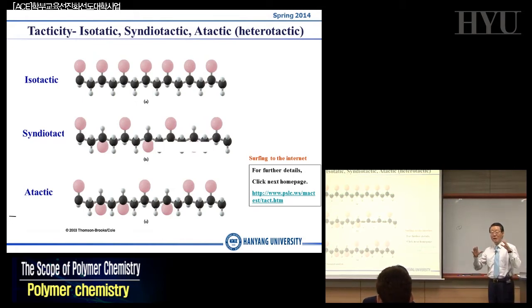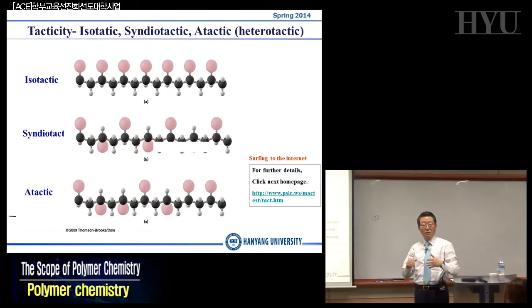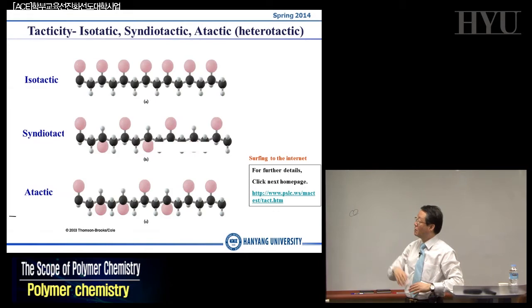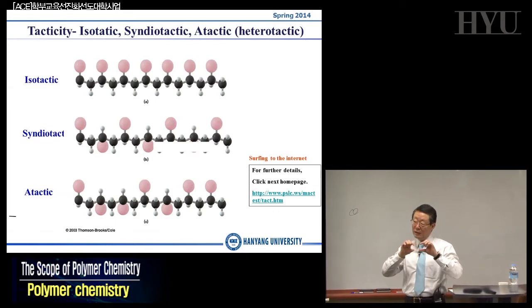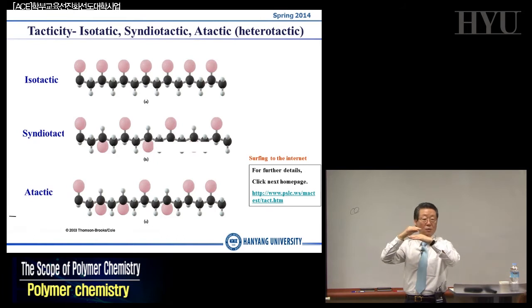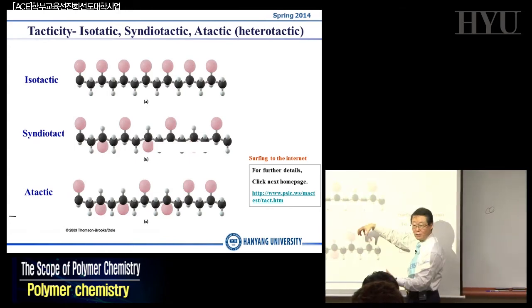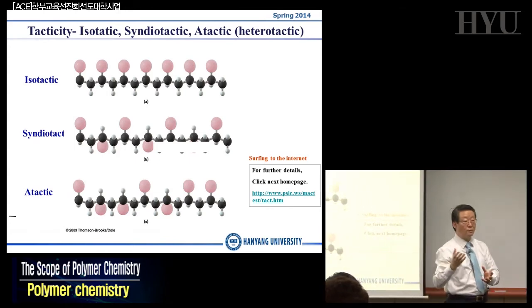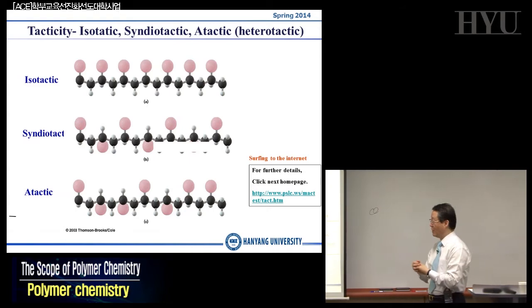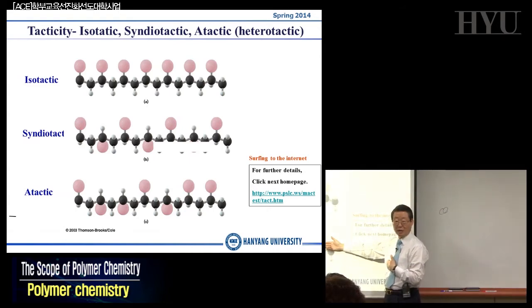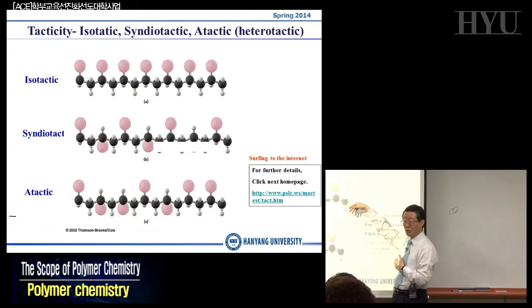Density is the term for how many molecules you can pack in the space. In the case of isotactic, you have a quite linear polymeric system, so you can pack quite nicely. Whereas in the random cases, because of the space that the substituent groups occupy, we may have a little bit lower density in the case of atactic than syndiotactic or isotactic.